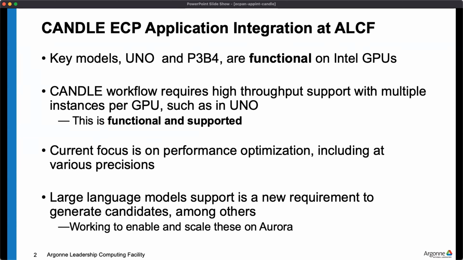I'm sure once we're more openly able to talk about this in other forums, we are happy to go into details here. We're also looking at various precisions as part of this effort. We are very excited with the results that we are seeing here.